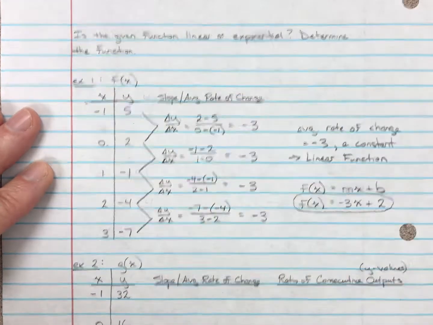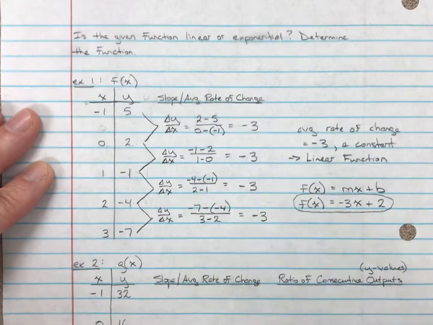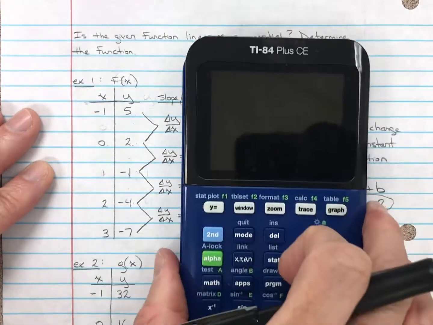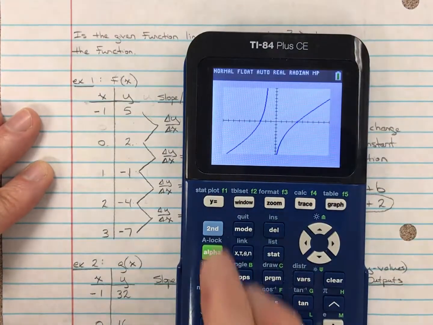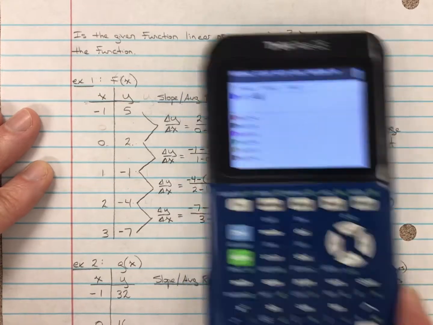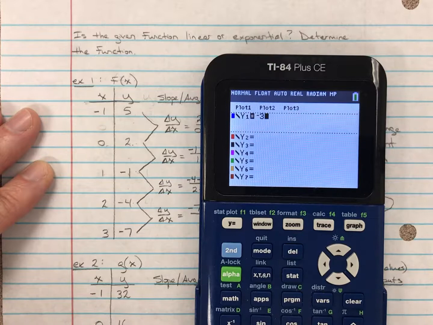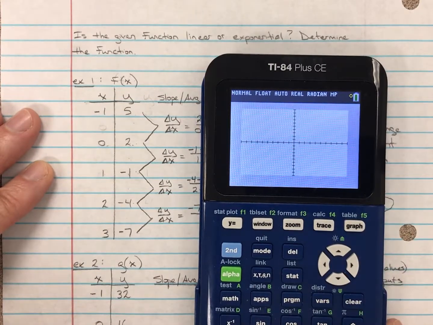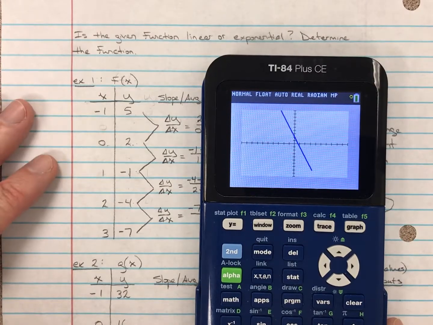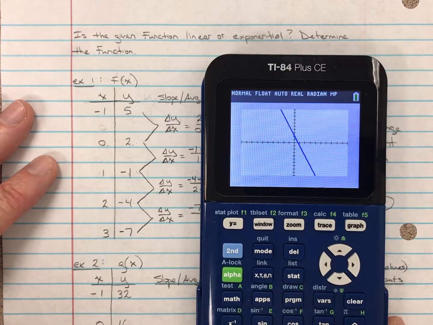Let's take a look at our calculator. Okay, we think negative 3x plus 2. Let me clear out what I have in here. Again, it's negative 3x plus 2. We can graph that, and you can see it as a linear function. In this case, it goes down from left to right.